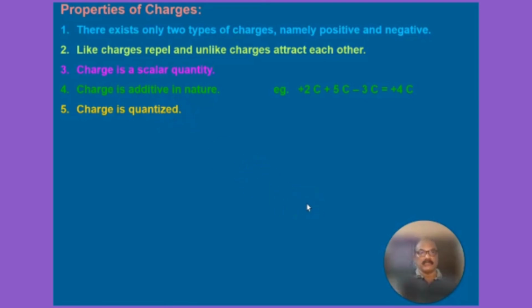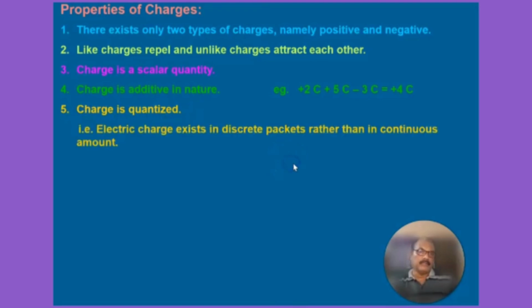What is quantization? They will ask how to find how many electrons are there in 1 coulomb. All these things are based on this. The charge is quantized: the total charge on a body is an integral multiple of the smallest charge. The smallest charge, the fundamental charge e, is 1.6 into 10 to the power of minus 19 coulombs.